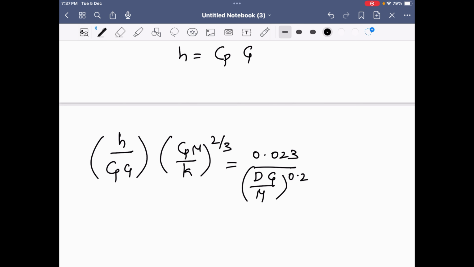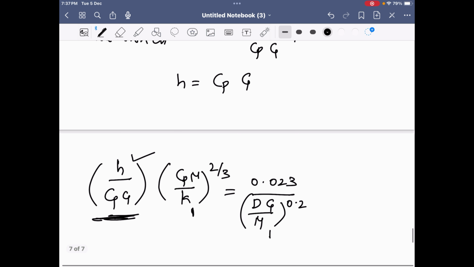So, now we know this is 1, okay, means 1 indicates dimensionless, and this is also dimensionless. It means that this term also must be dimensionless, if the equation wants to be homogeneous. So, all the units get cancelled, the H unit gets cancelled with Cp into G, so we end up with 1.